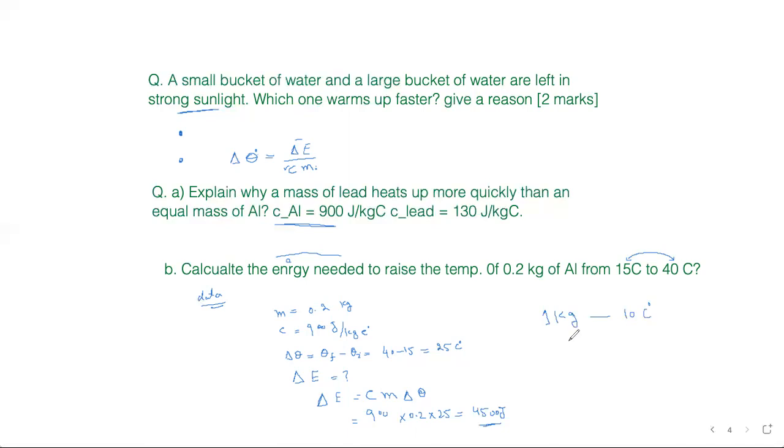So we know that for 1 kilogram, to increase each degree centigrade, we need 4,200 joule of energy. And for 10 degrees centigrade, we would need 10 times that.